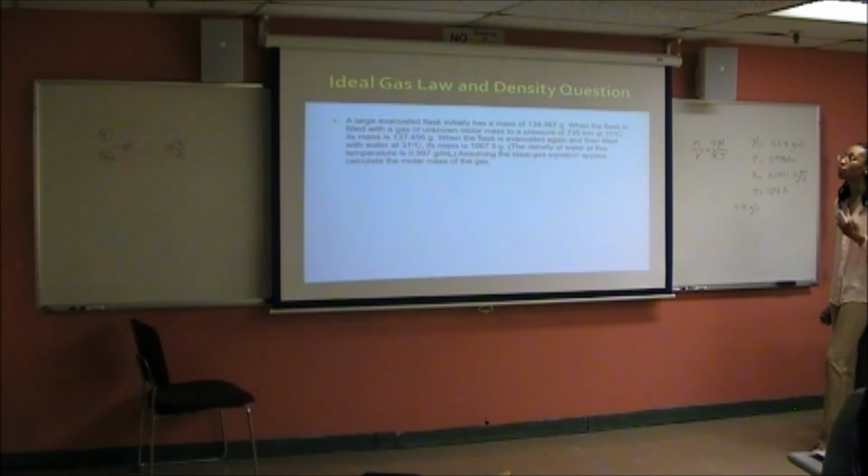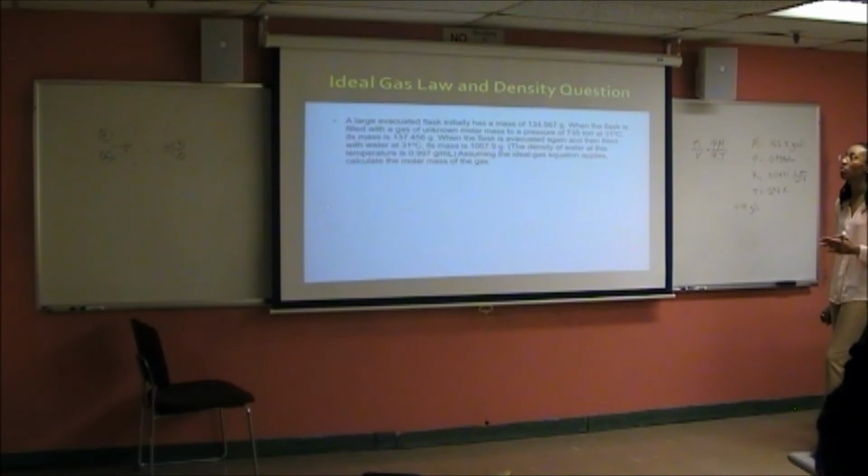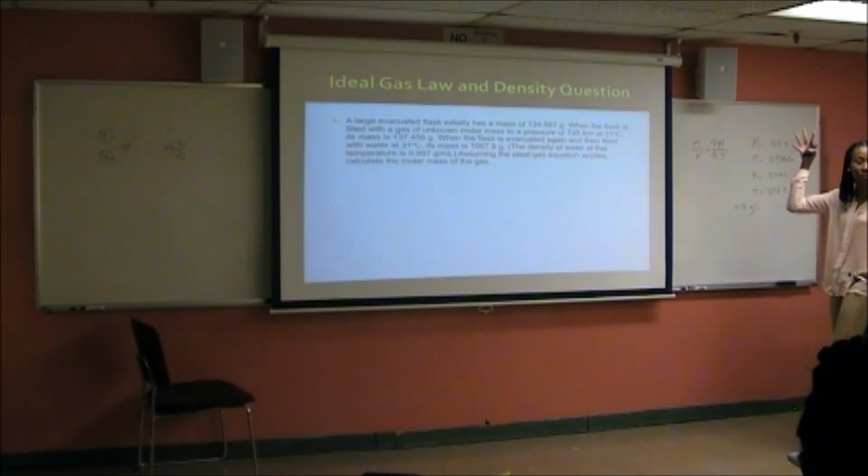When the flask is filled with a gas of unknown molar mass to a pressure of 735 torr at 31 degrees Celsius, its mass is 137.456 grams. What do we know about gases in containers? It takes up the volume of the container.